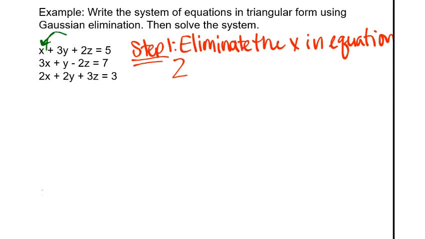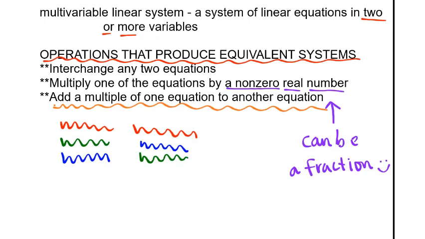We want to eliminate the x term in equation 2. So remember, we have our 3 steps. Step 1, we can interchange any two equations. That's not going to eliminate anything. Second, we can multiply one of the equations by a non-zero real number. Still not going to eliminate anything. The only way to eliminate something is to add a multiple of one equation to another equation.